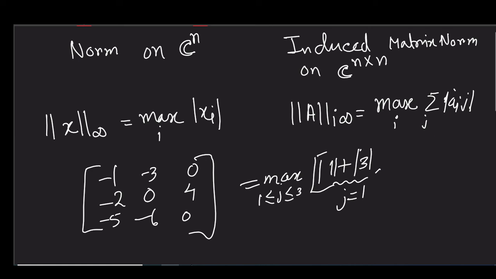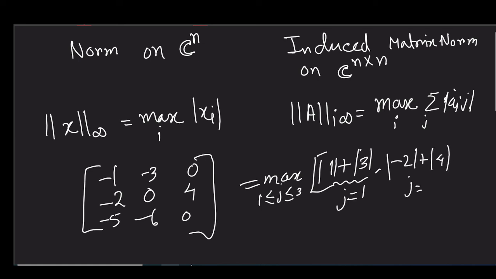Now there will be, in the next row, mod -2 plus mod 4.